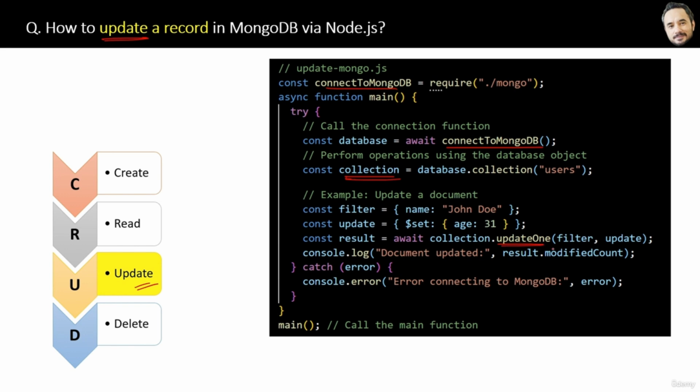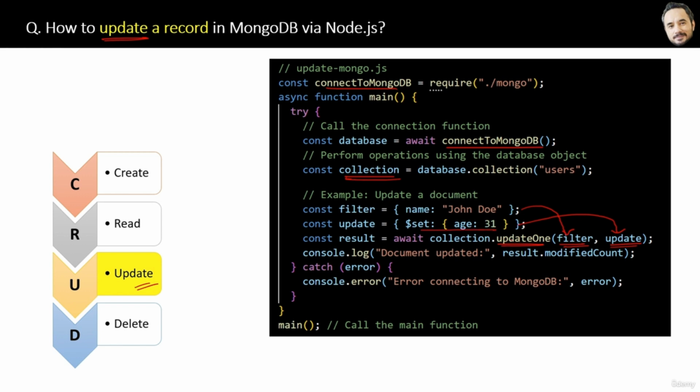Okay, so it accepts two parameters. First, the filter criteria, and second, update. Filter means the criteria for selecting the records on which the update will happen. Okay, and update means updating the selected records with this updated data mentioned above.